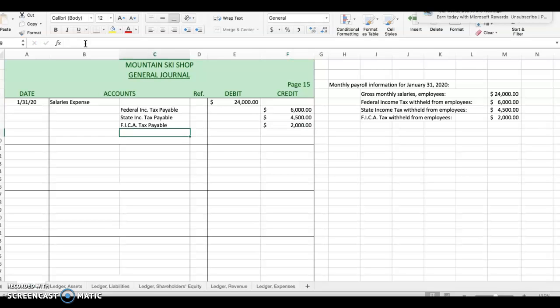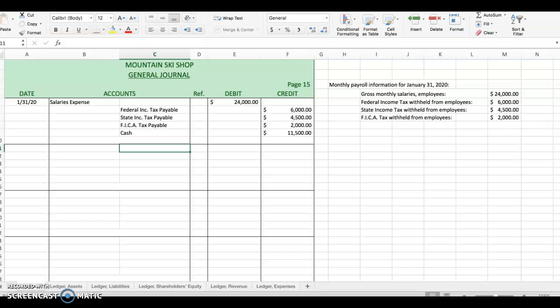Now, there's one more credit to this entry. The last credit goes to cash, and this is the net pay that we will end up paying to the employees. We're not sure how many employees we have by the information we're given, but the total amount given to the employees on their paychecks will add up to $11,500.